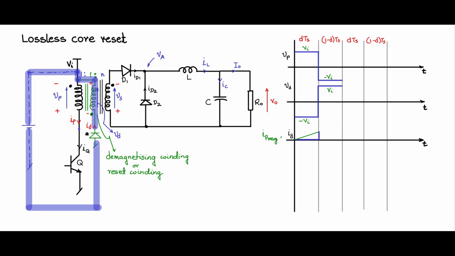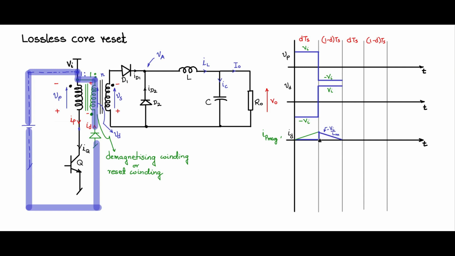And what happens to ID? See that IP had charged the flux up to that point, and now ID will take over from there and discharge during that time with a slope of minus Vi by Lm. This charged with Vi by Lm, this will discharge with minus Vi by Lm. So if this has taken x seconds, this should also take x seconds.